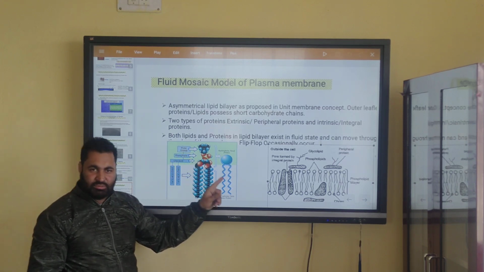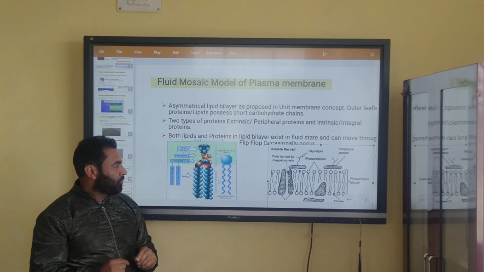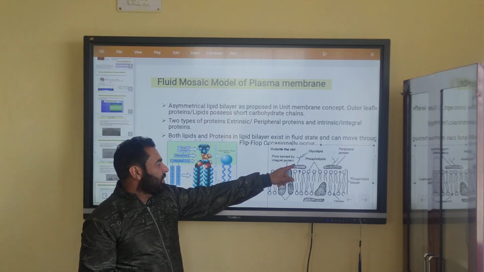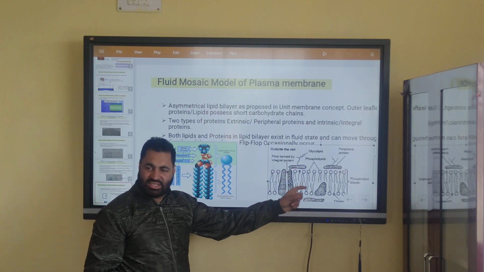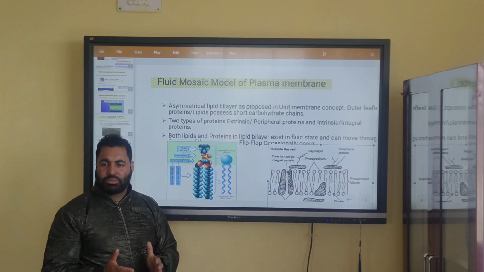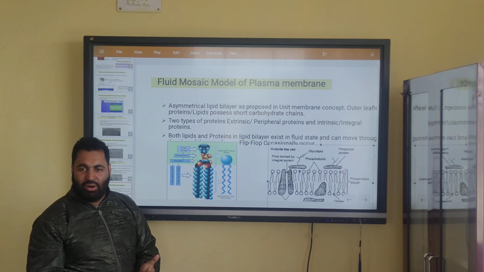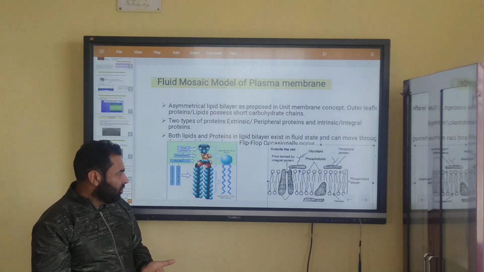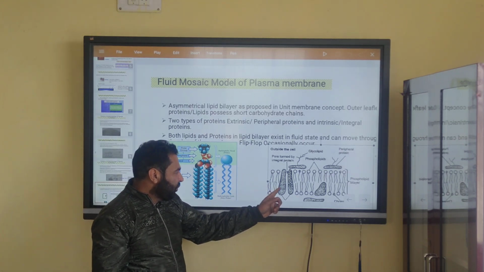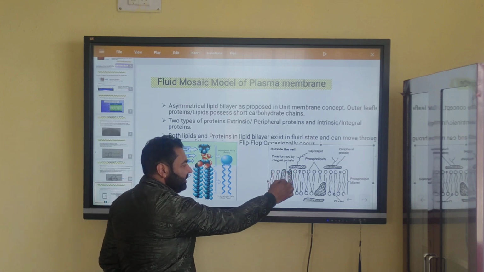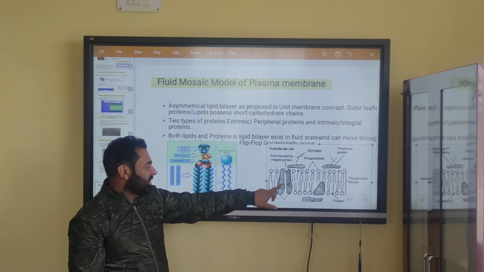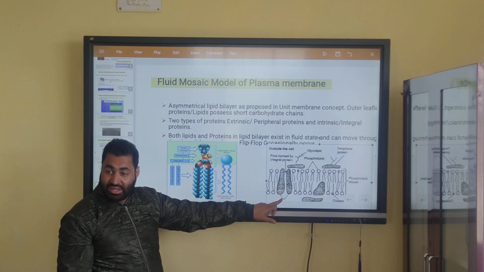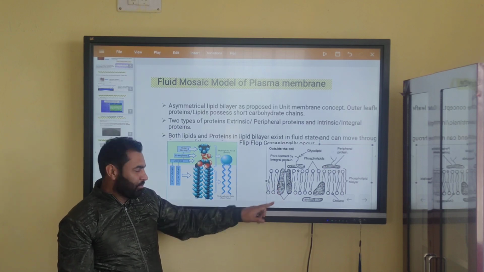So there are two types of proteins according to the fluid mosaic model of plasma membrane. Some proteins are present towards the periphery, outer side or inner side of this plasma membrane. Those proteins are called peripheral or extrinsic proteins. Okay? And some proteins which are embedded in this lipid bilayer are called integral proteins or intrinsic proteins.